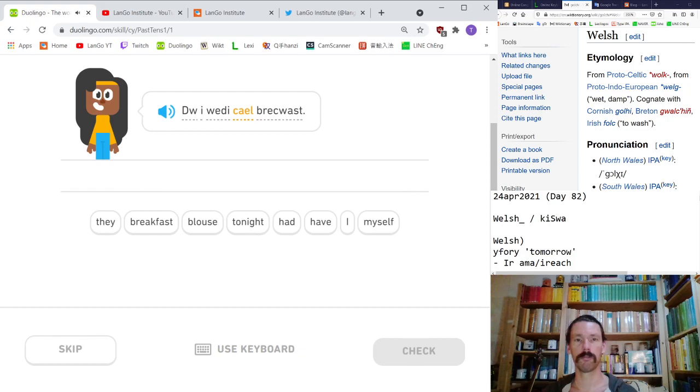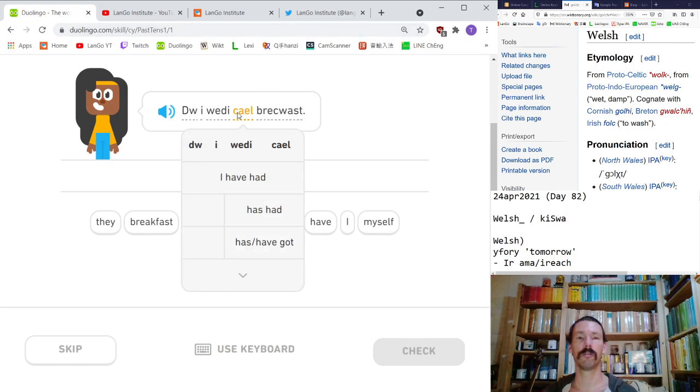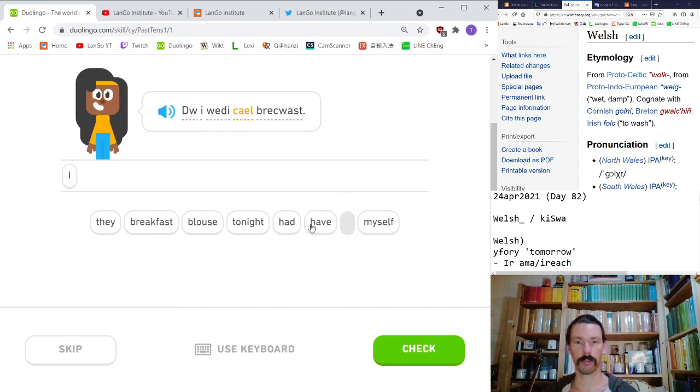Dwi wedi cael brecwast. Dwi wedi cael breakfast. I have eaten. Cael. Had breakfast. So it's a reinterpretation of the English cluster KF as a KW sequence. This is strongly aspirated, the voiceless letter here.